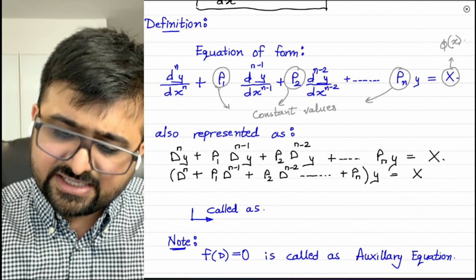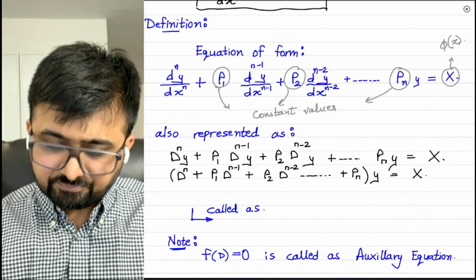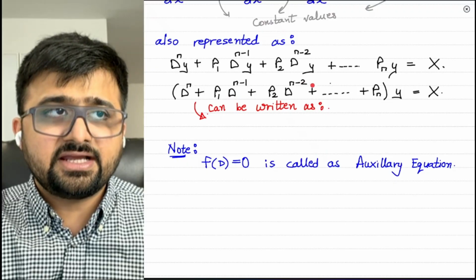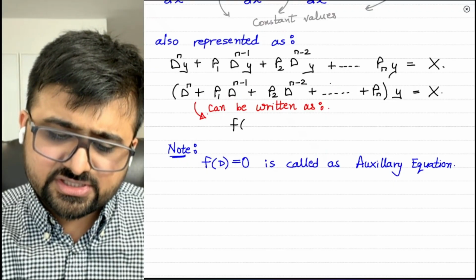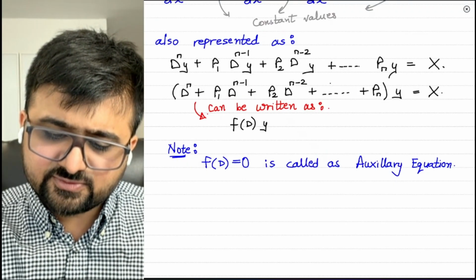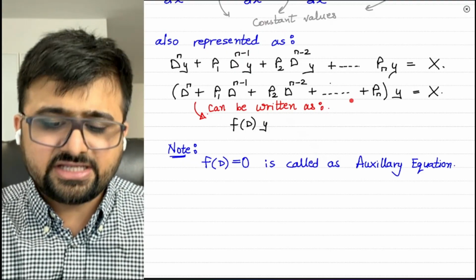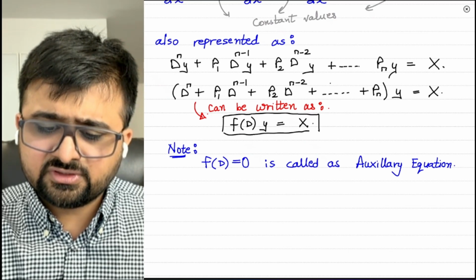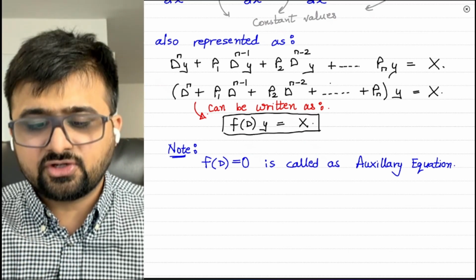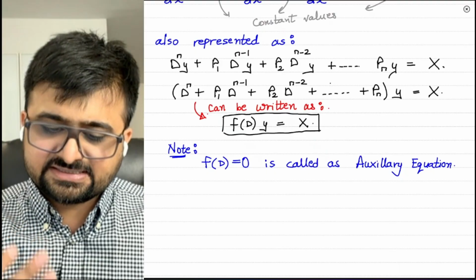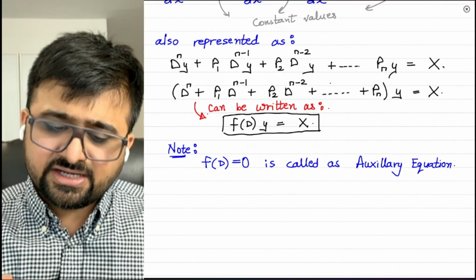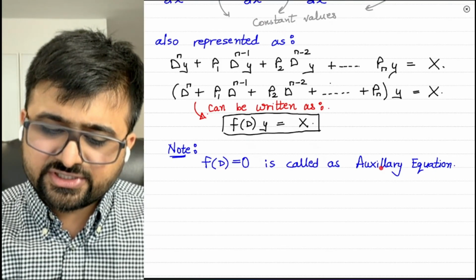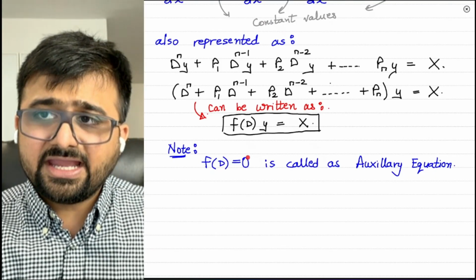And on the right hand side, we have X. Since this entire part is a function of D, this equation can also be written as f(D) times y is equal to X. That's the general form of the higher order differential equation that we will solve, which is f(D)y equals X. Now there is something called the auxiliary equation in higher order differential equations, which is obtained by doing f(D) equal to 0.